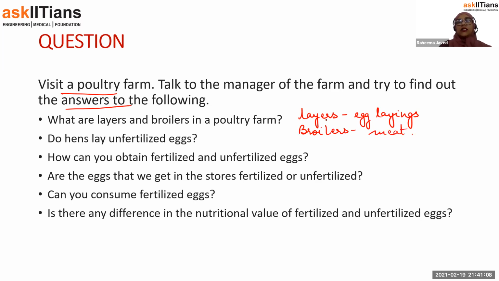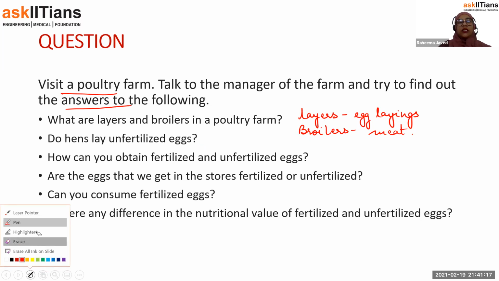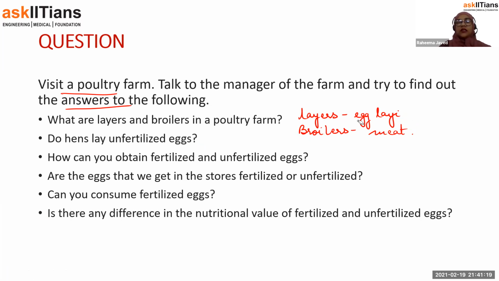So layers can lay good quality eggs, and broilers can give good quality meat. So these are egg-laying birds.